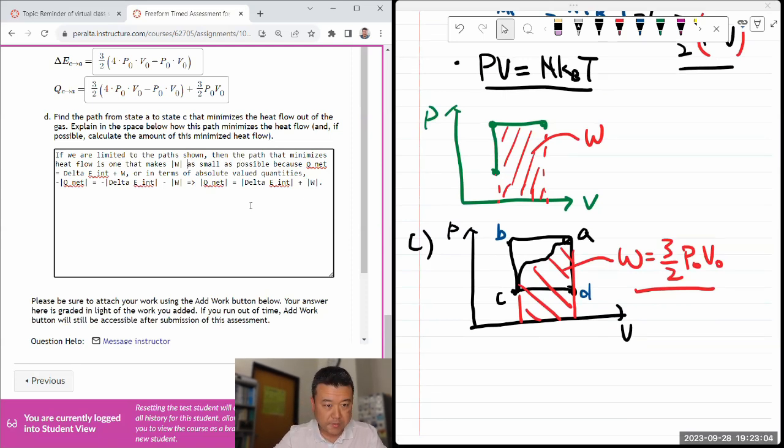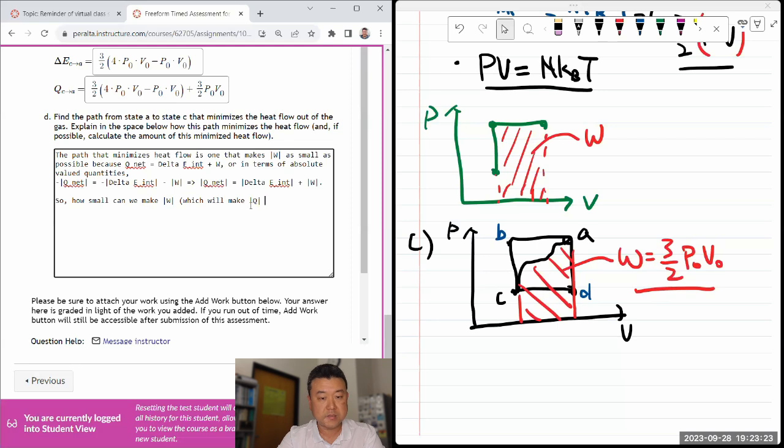Let me actually reword this. So let me start with this. The path that minimizes heat flow is one that makes that as small as possible. So how small can we make this, which will make this smaller?